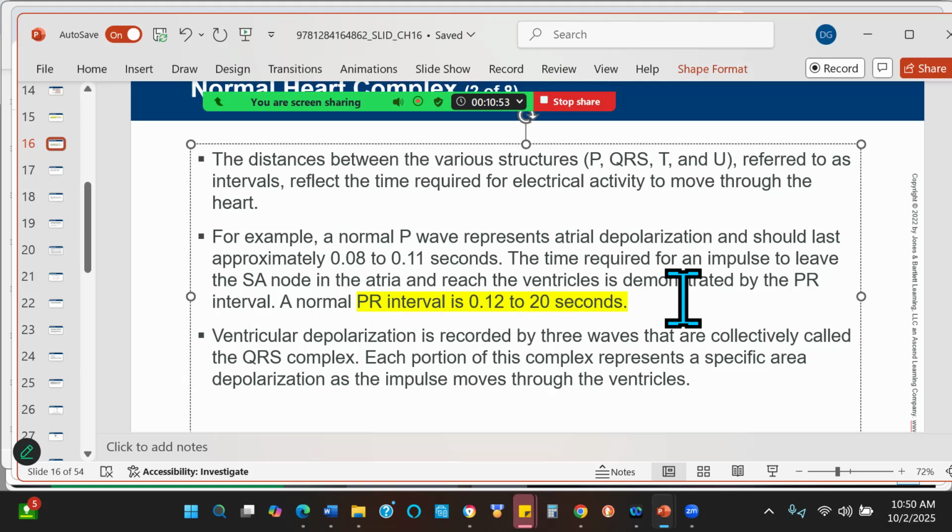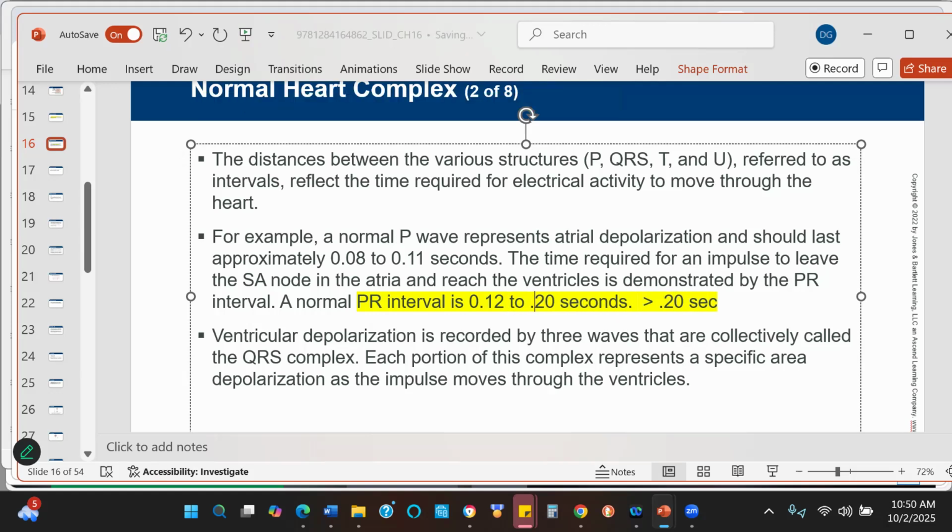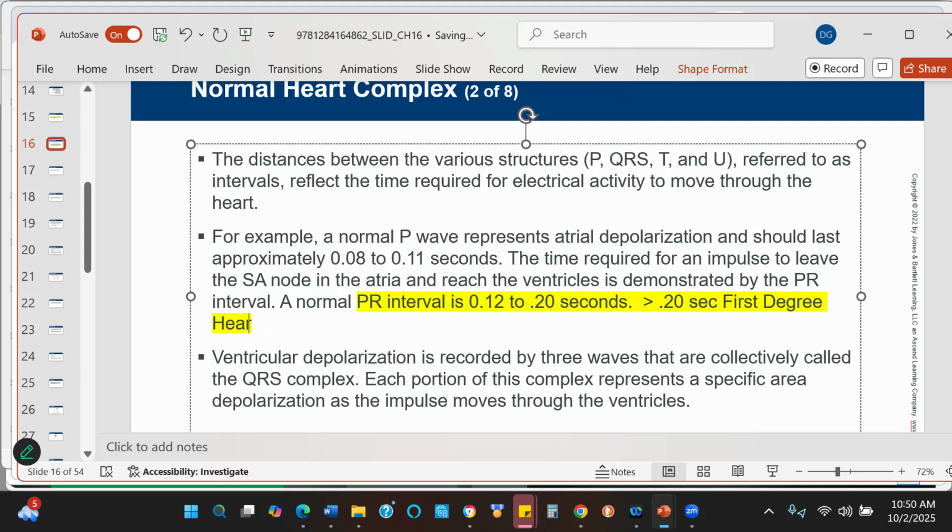If the PR interval is greater than 0.20 seconds, you know what? They missed a decimal point over here on the slide. It should be 0.2 seconds, not 20 seconds. If it's greater than 0.2 seconds, that is first degree heart block. And there you go.